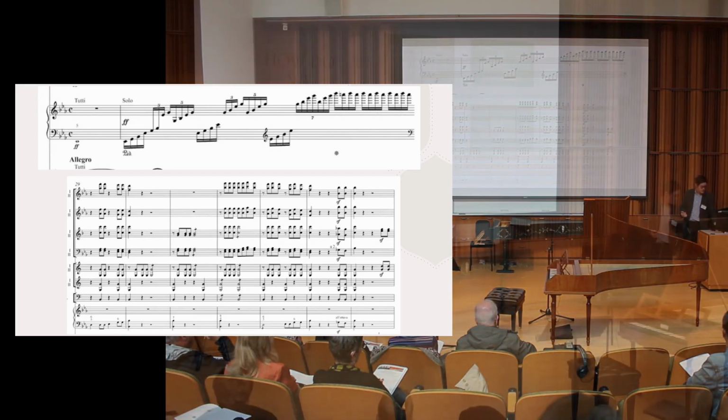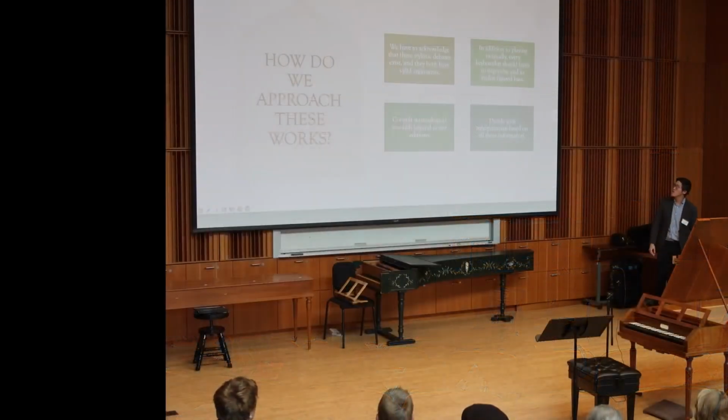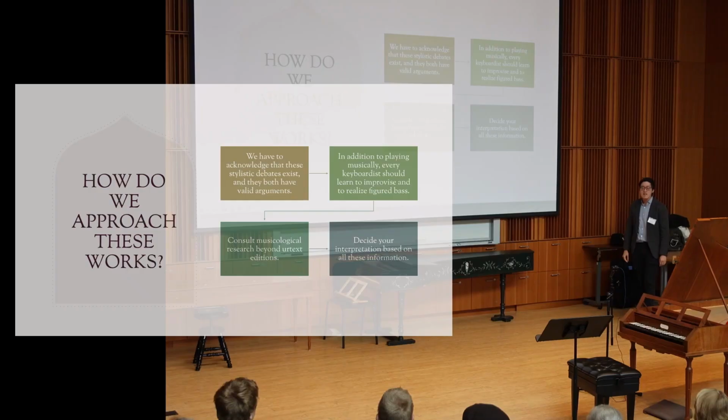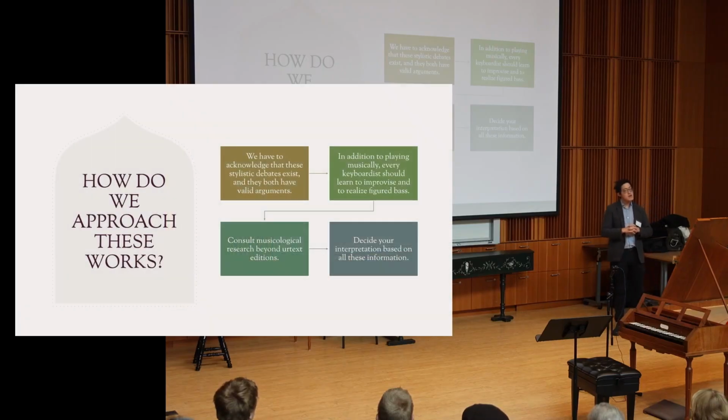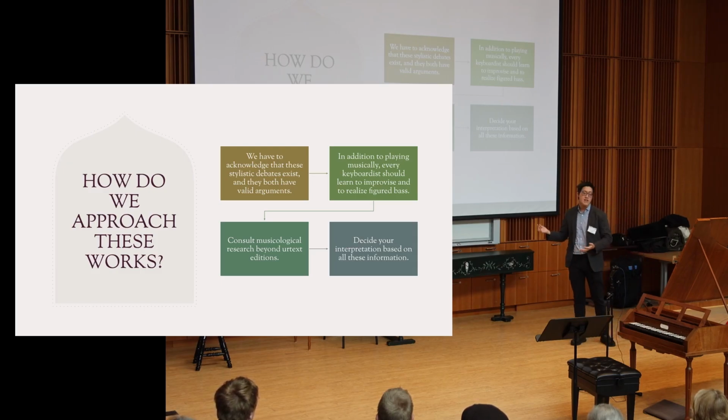modern editions. So how do we approach this work finally? I think in order to approach this work in a historically informed way, we have to acknowledge that this stylistic debate exists and they both have valid arguments.